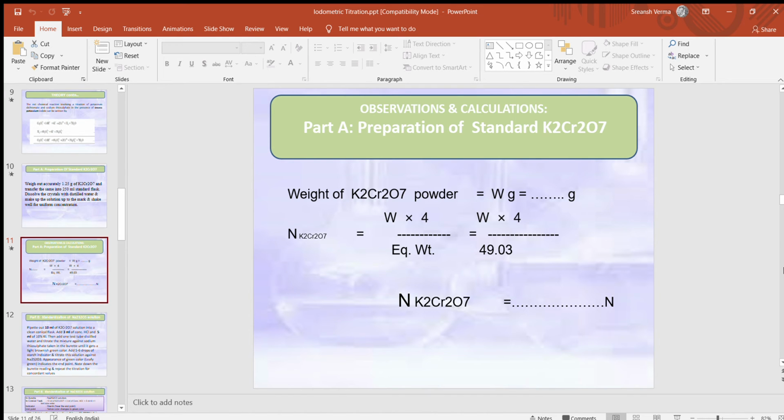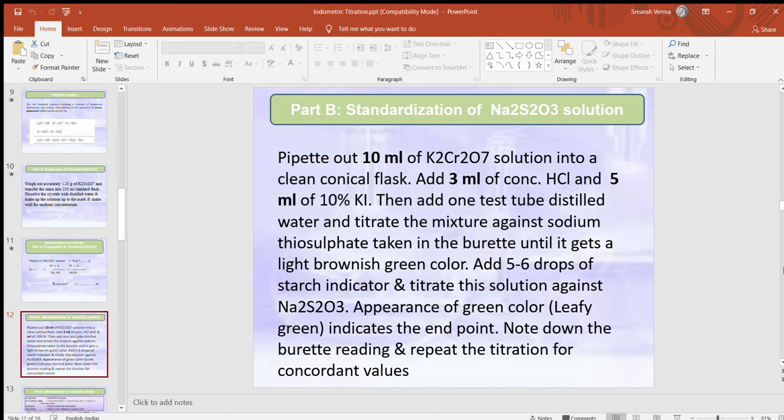Now proceed with the next part, that is standardization of hypo solution. Here you pipette out 10 ml of the standard solution, that is K2Cr2O7. In that K2Cr2O7 solution, you add 3 ml of concentrated HCl and 5 ml of 10% KI with the help of a measuring cylinder.